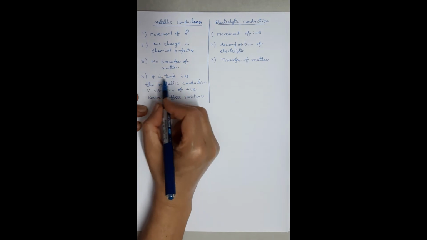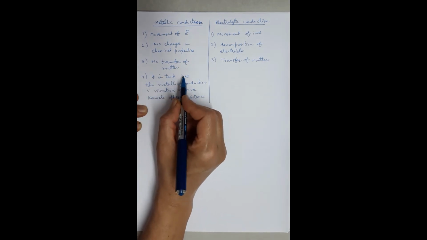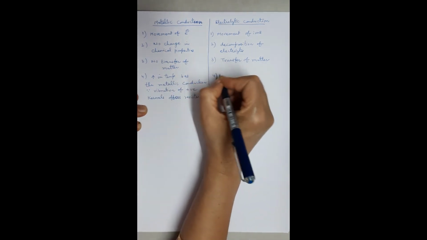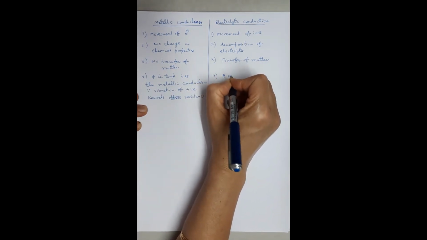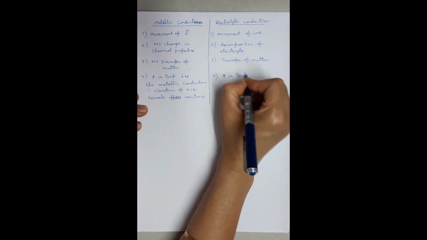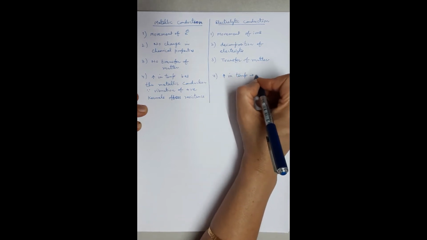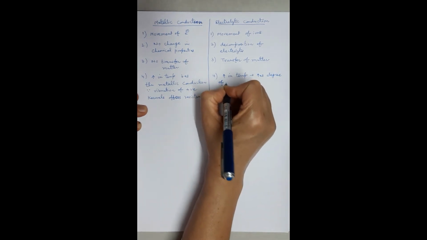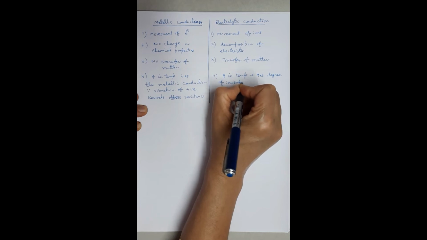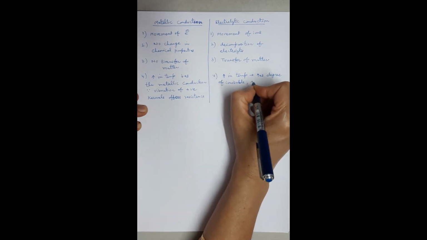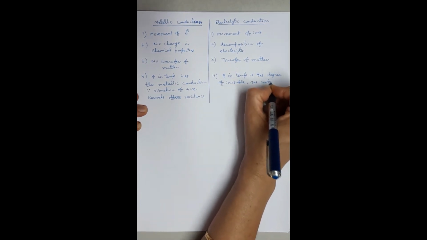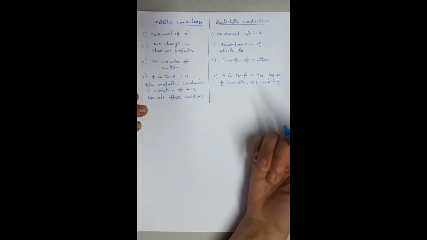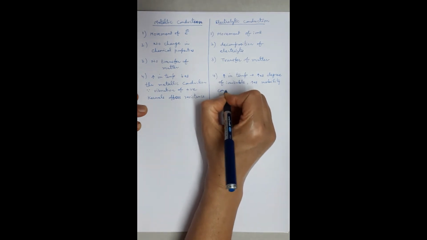So hence in this case, conduction decreases with increase in temperature, whereas in this case you will see that an increase in temperature increases the degree of ionization as well as the mobility of ions. And if these two things are there, they are mobile also, more number of ions are produced, then conduction increases.